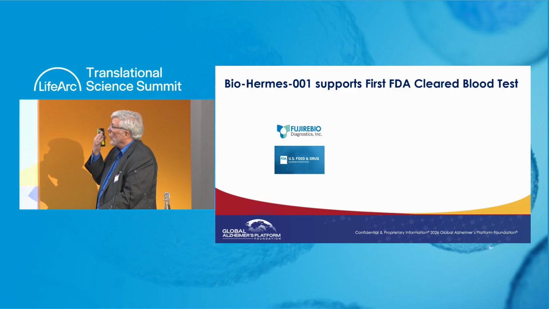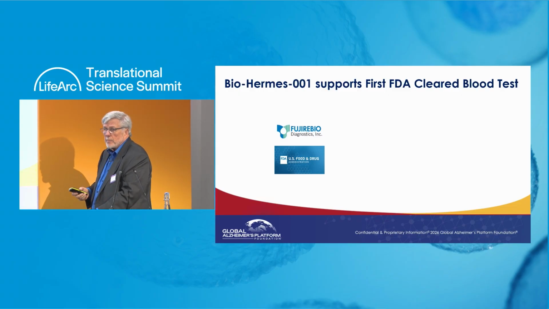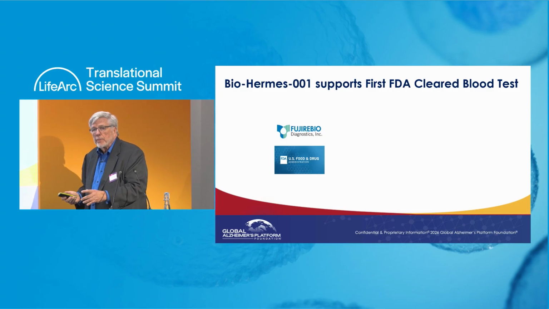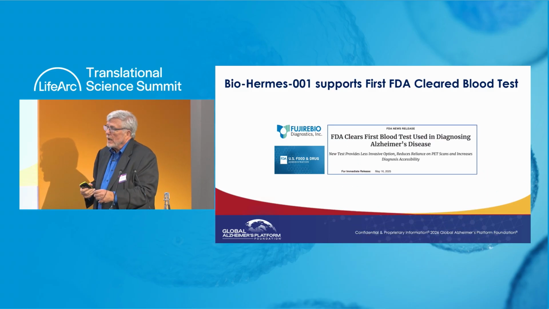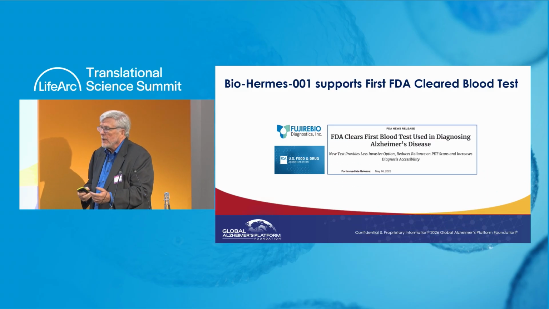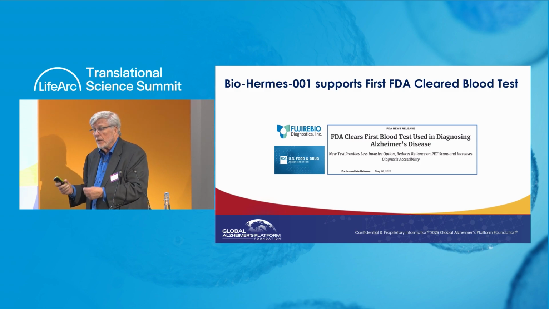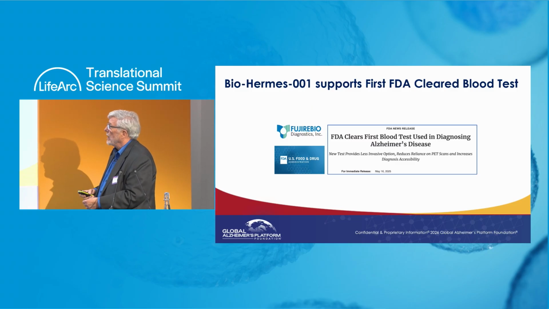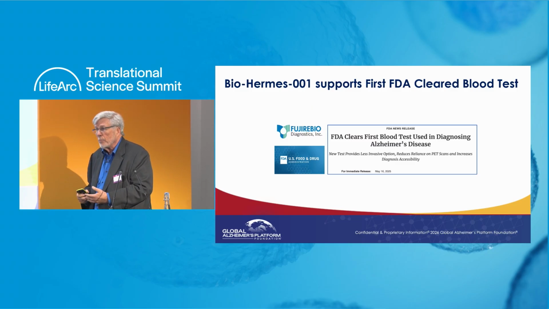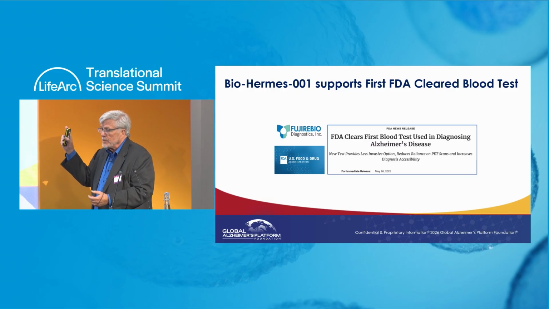So, a word about GAP. When we got frustrated with our inability to detect people that had or didn't have the pathology characteristics that would make them good candidates for the therapeutics, we started our own biomarker study, Bio-Hermes 1, started in COVID.